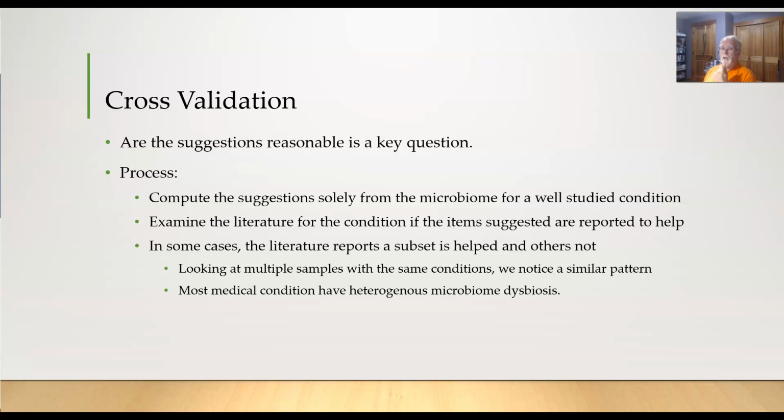So when somebody came in with that condition, I could go and compute the suggestions, then examine the literature, see if any of the suggestions are in the literature, and if they are, does the literature suggest that this will improve the condition? And if the answer is yes, we have cross-validation. In which case, we know our model is reasonably well in predicting.